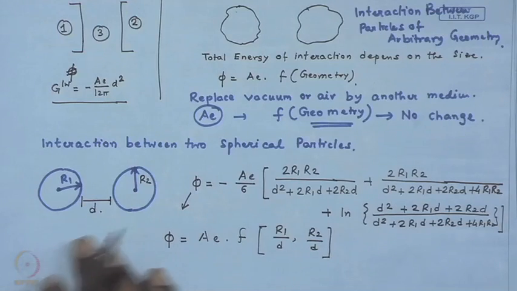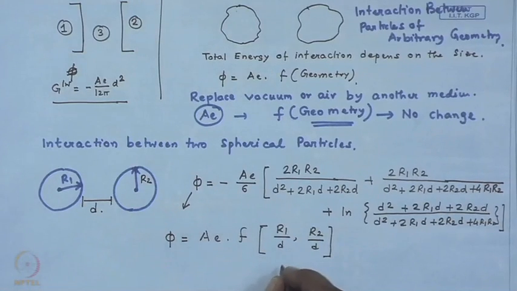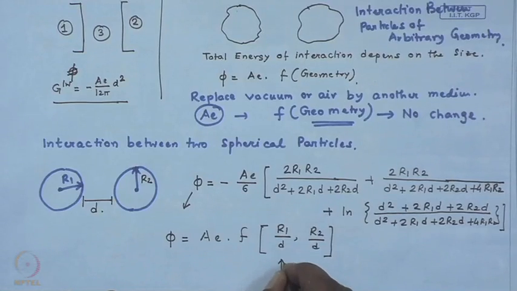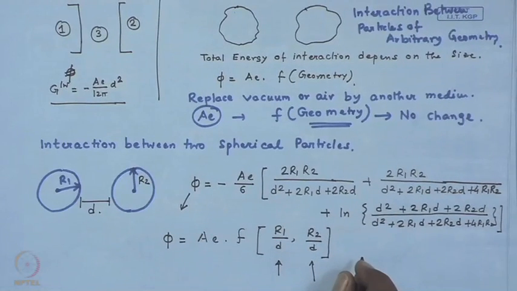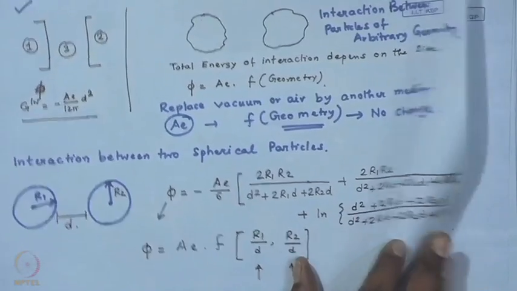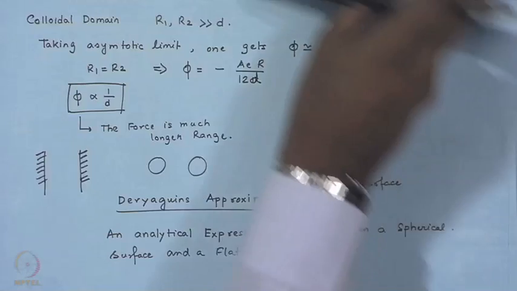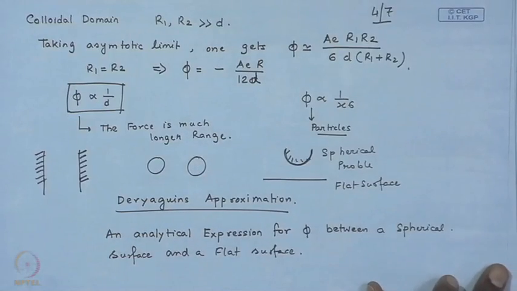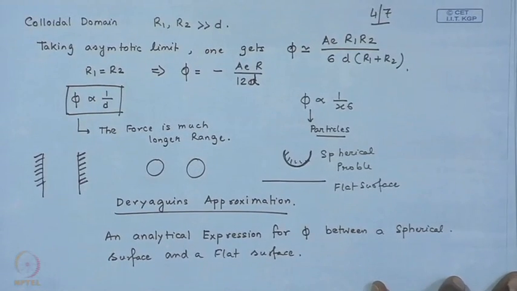Here we find that the interaction becomes a function of these geometric parameters, and the more complicated geometries you bring in, the number of geometric parameters increases. So, it becomes pretty difficult, and probably one has to think of direct force measurement using an atomic force microscope or a surface force apparatus to measure the forces rather than getting an analytical expression.